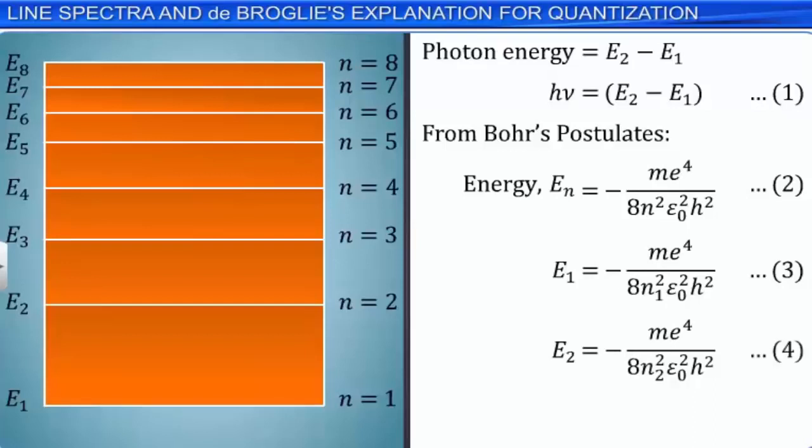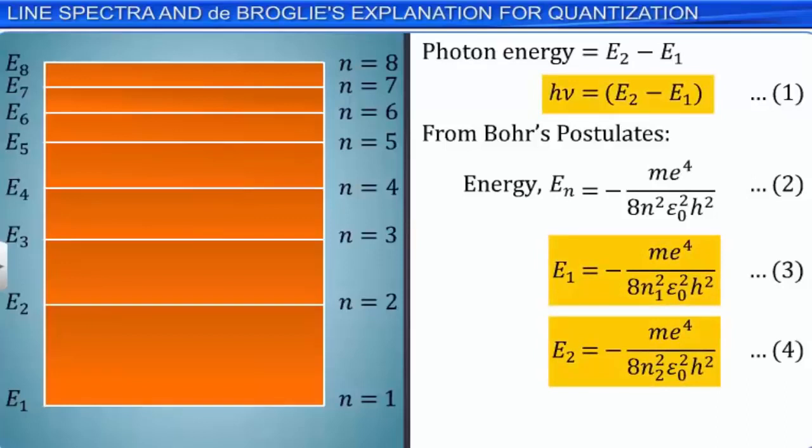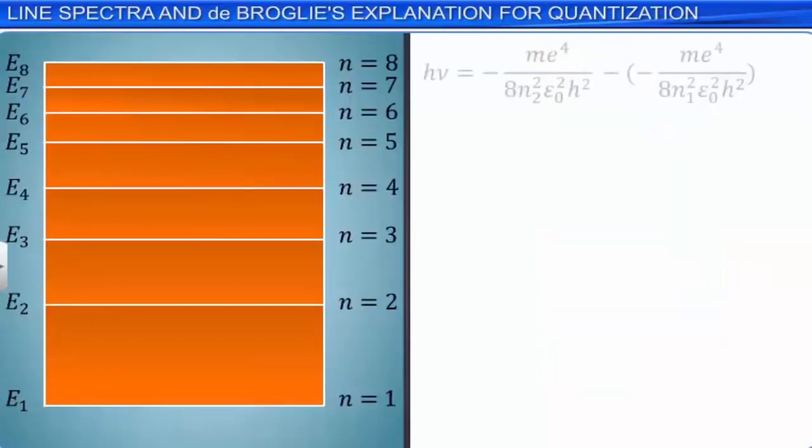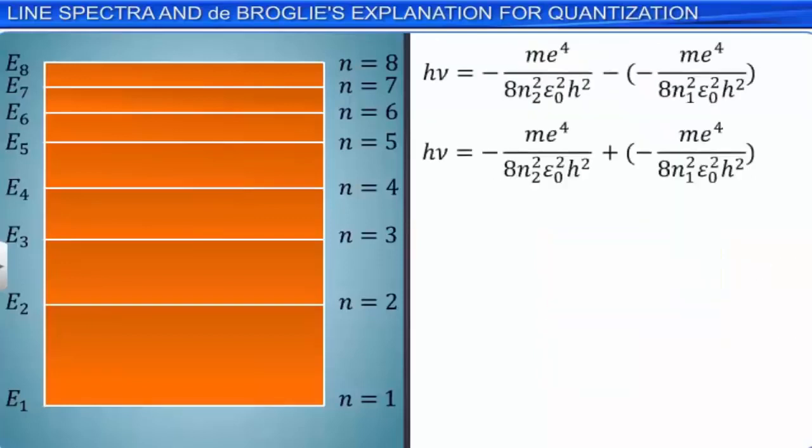On substituting equations 3 and 4 in equation 1 and simplifying, we get h nu is equal to m e to the power 4 by 8 epsilon naught square h square into 1 by n1 square minus 1 by n2 square. This equation is called Rydberg's formula.